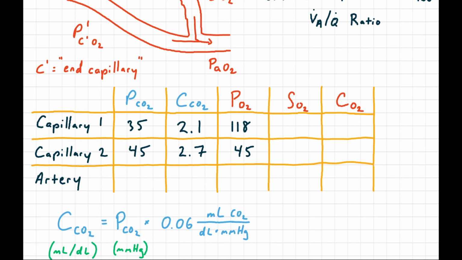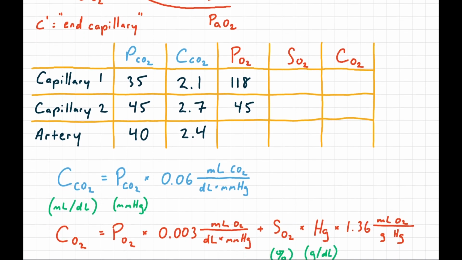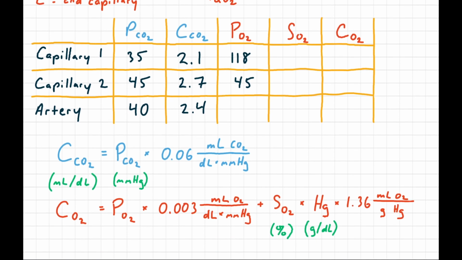When these two capillaries recombine, you can take the average carbon dioxide content of 2.4 milliliters per deciliter, and then running the diffusion equation in reverse, you find that the arterial partial pressure of CO2 is 40 millimeters of mercury.